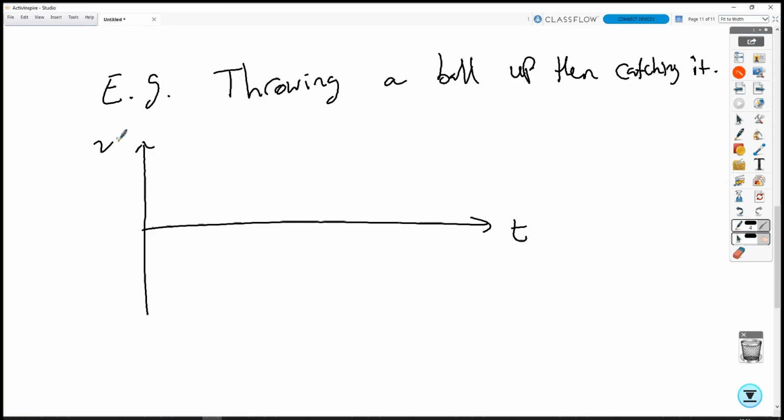So if we throw a ball upwards, the moment the ball leaves your hand at t equals to 0, the ball has a large positive velocity because it's moving upwards. When the ball reaches the top its velocity becomes 0. Meanwhile, the acceleration was negative and it was constant, which means we're going to have a straight line graph.